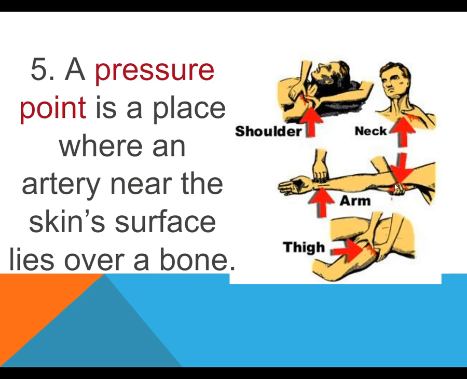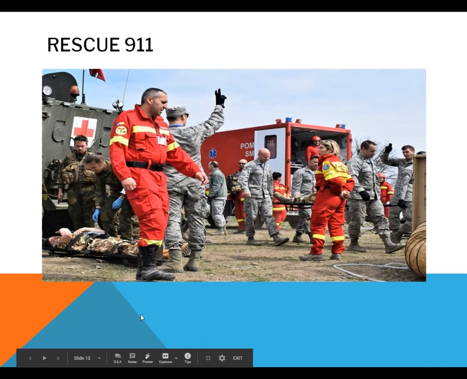Then there's the arm, 2 points in the arm, and on the upper thigh. Call 911 if somebody is bleeding profusely and you cannot get it to stop.